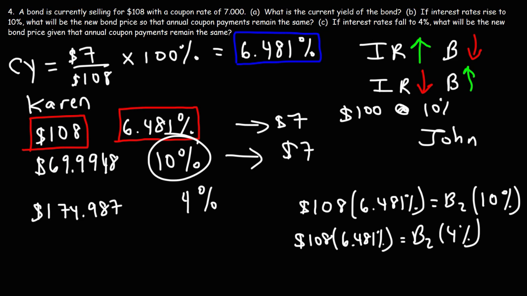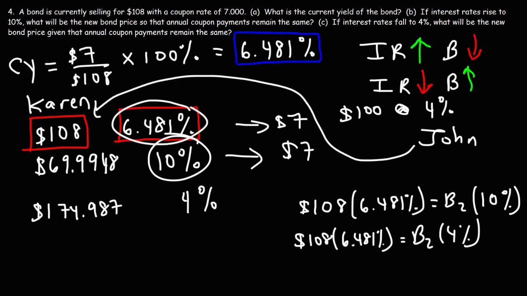So now let's talk about why the value of the bond went up when interest rates went down. Right now, John can go to the market and buy a bond for a price of $100 at a 4% interest. Or he can buy Karen's bond and get a 6.48% interest.